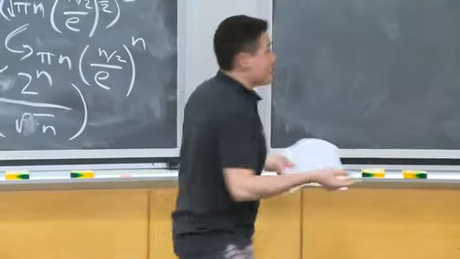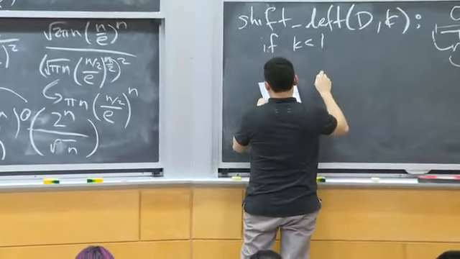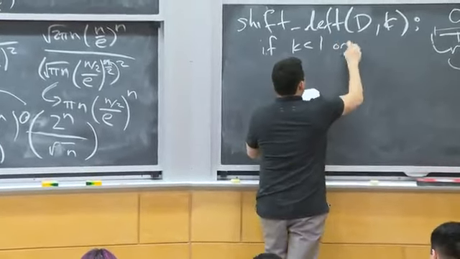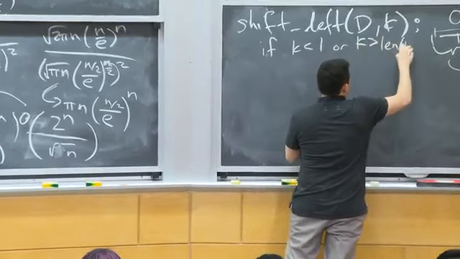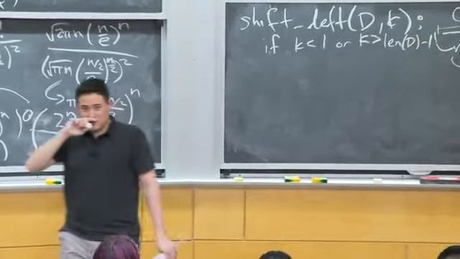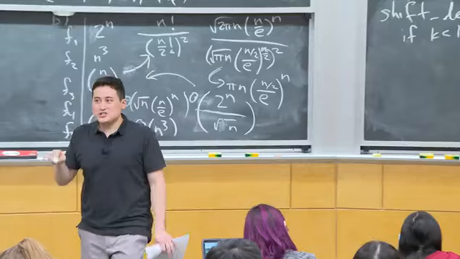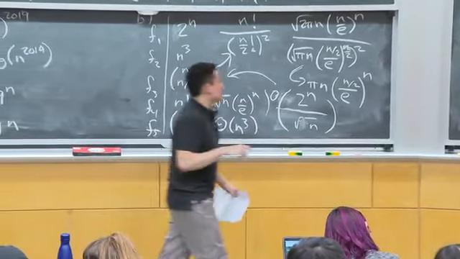So let's just not do anything, right? If k is less than 1, or k is bigger than the length of d minus 1. I don't know what to do if you're asking me to shift more than the things I have, right? So let's not do that.